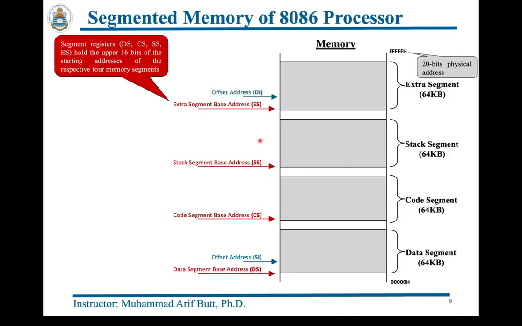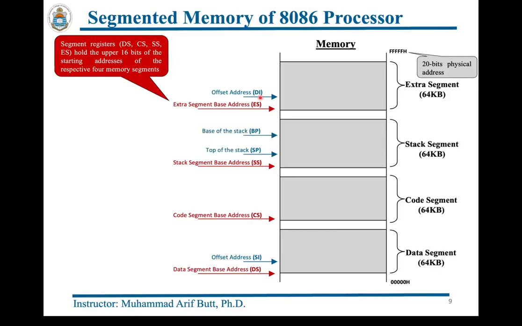Similarly, this ES register points to the starting address of this 64K extra segment, and this DI or the destination index register is used as an offset within this extra segment.